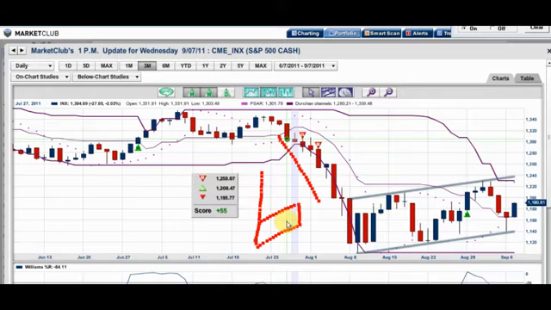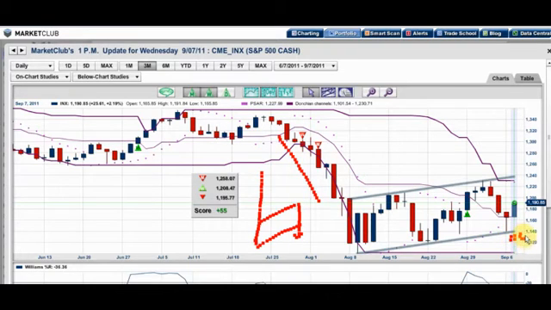It's a continuation pattern normally, and what you're looking for is for this market to move out below this line right here. So when we see the market go below 1140 right here, then that's the time to either add to your short positions or certainly get out of any long positions that you may have. This market's still looking very, very negative.